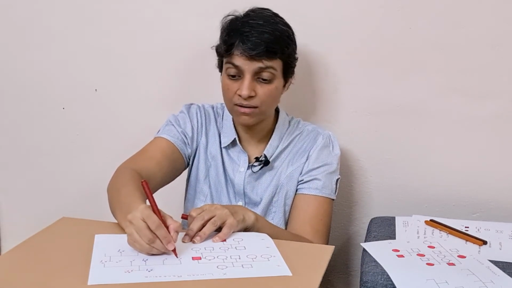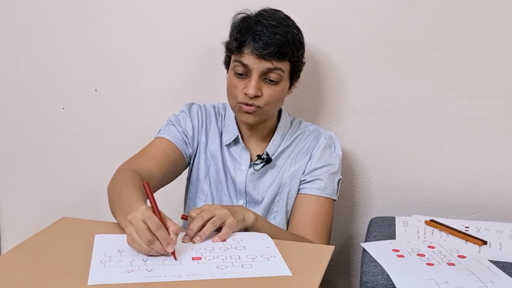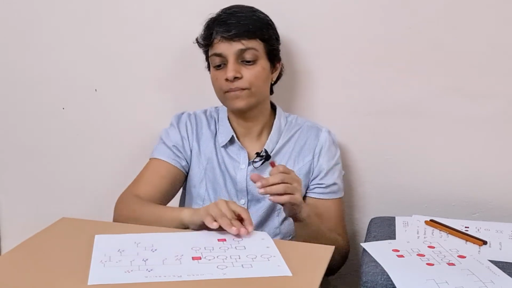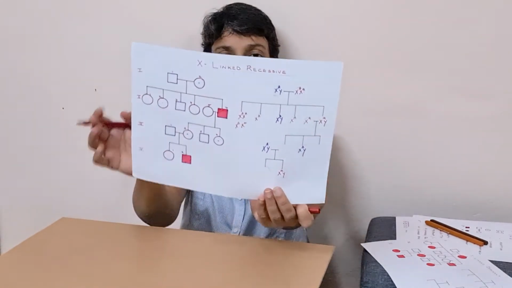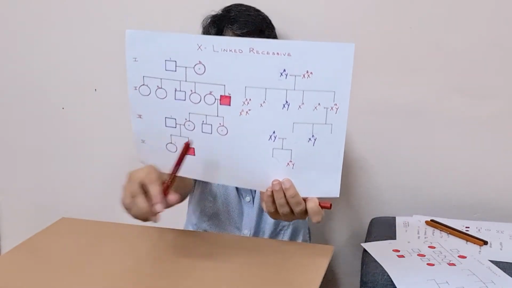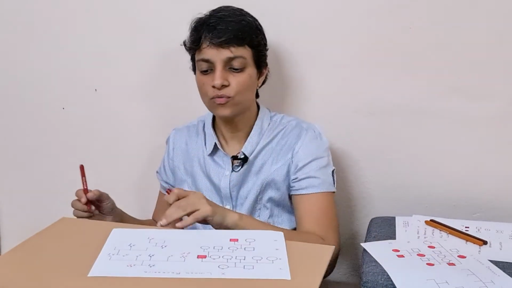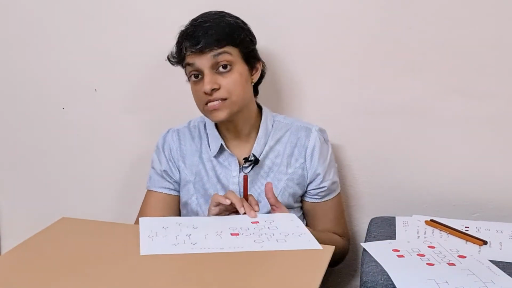So it can be a double combination of like this, like this. So that's how we indicate the genotypes in a X-linked recessive inheritance.